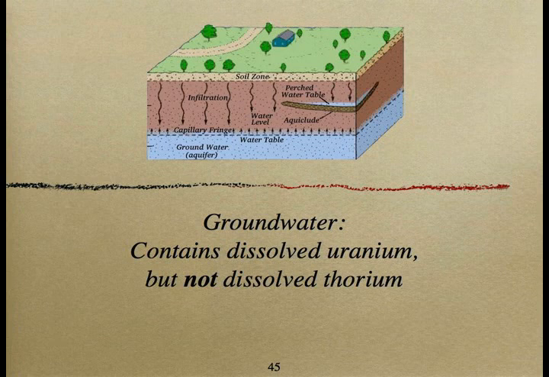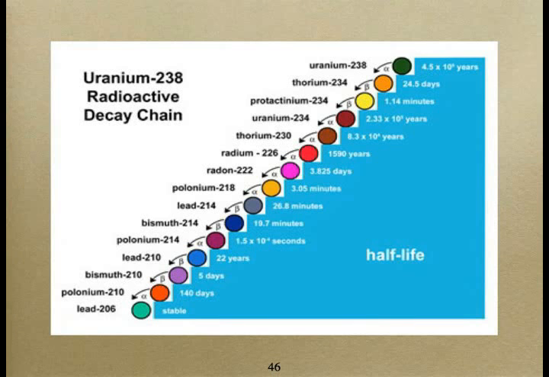Oftentimes, anywhere where you have groundwater and a fluctuating water table, those calcium carbonate nodules will go through several cycles of dissolution, and they might get soaked and reinvigorated with uranium from the water. And so you have to be very careful when you're finding circumstances that are good for uranium series dating. Remember that it goes through all these different steps on its way to thorium.